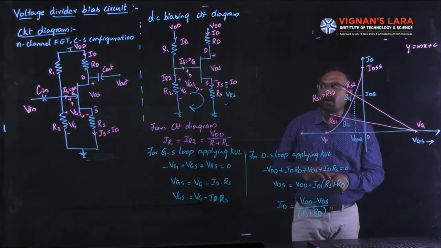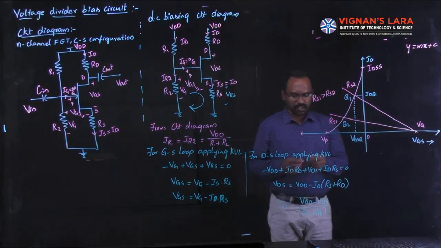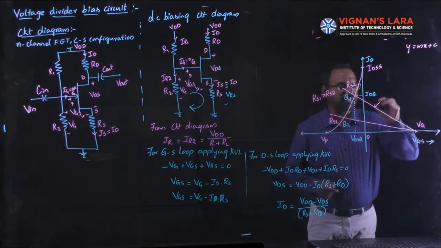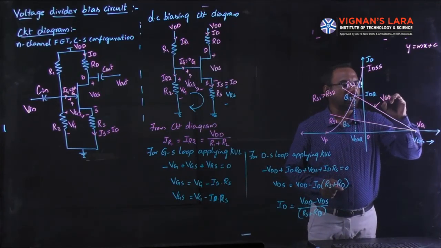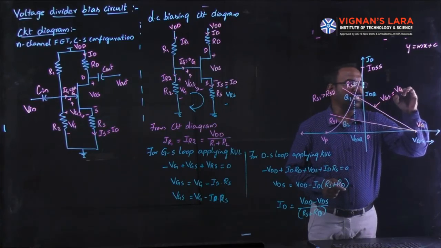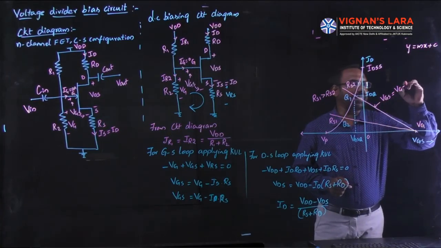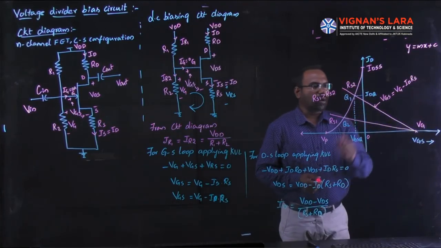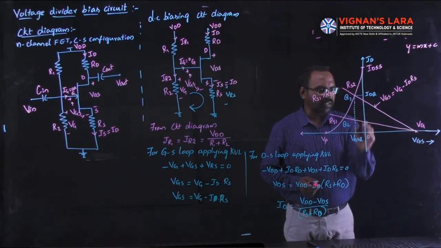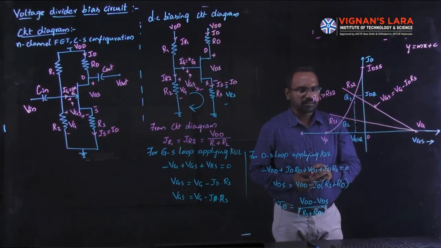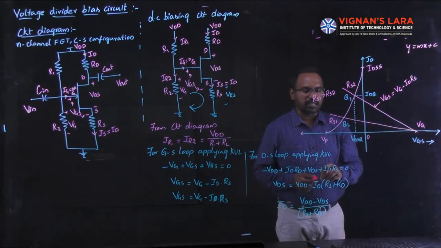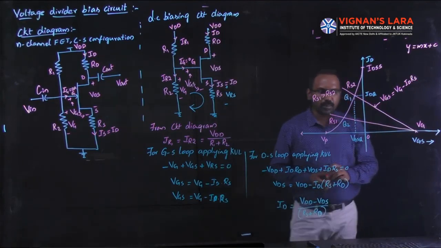So this is about voltage divider bias circuit. So what does this line indicate actually? This line is indicating the equation VGS is equal to VG minus ID into RS. What is this point? At this point, what is the VGS value? 0. That means at this point, ID will be VG by RS. Are you getting my point, guys?